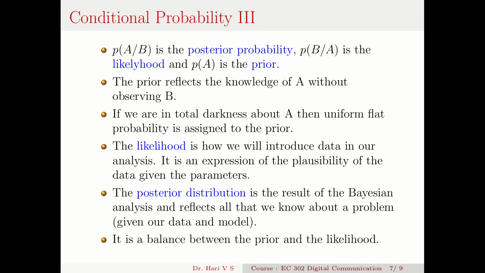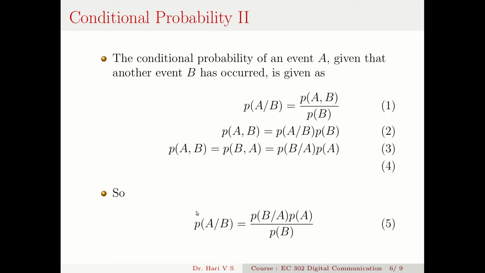How plausible is the data coming in? That is decided by the likelihood. The posterior distribution is the result of the Bayesian analysis and reflects all we know about a problem. This is what we are ultimately trying to compute: what is the probability of the transmitted signal given the noisy reception?